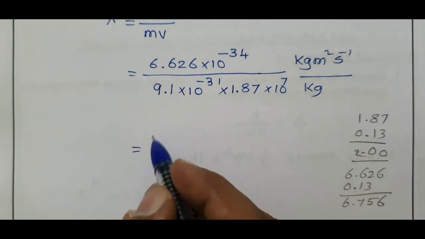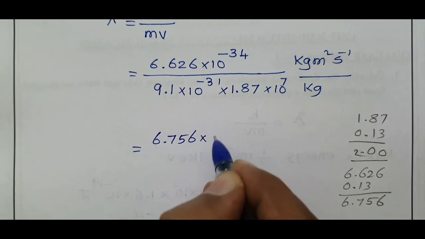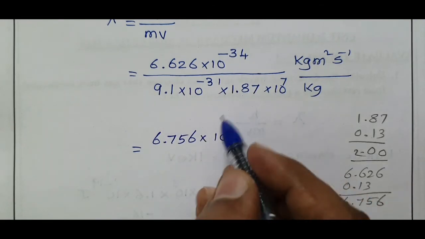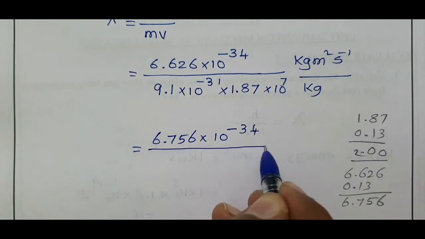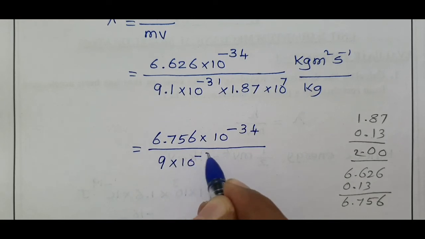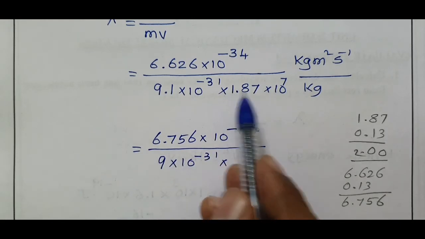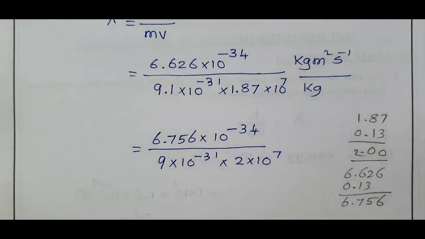So now the h value becomes 6.756 into 10 power minus 34. This is for easy cancellation. 9.1 is approximately written as 9 into 10 power minus 31 into, now 1.87 becomes 2 into 10 power 7.